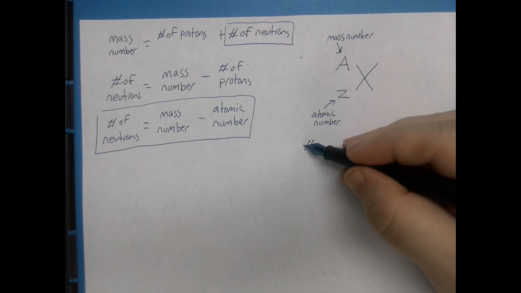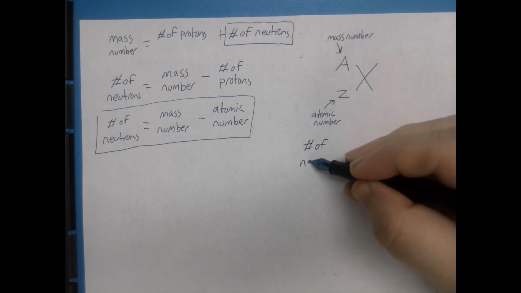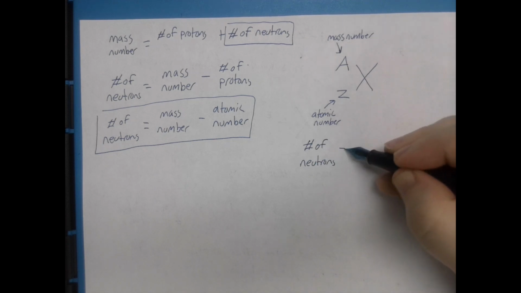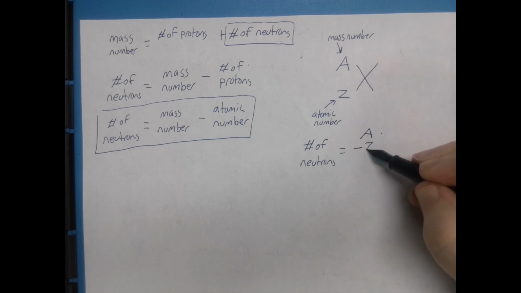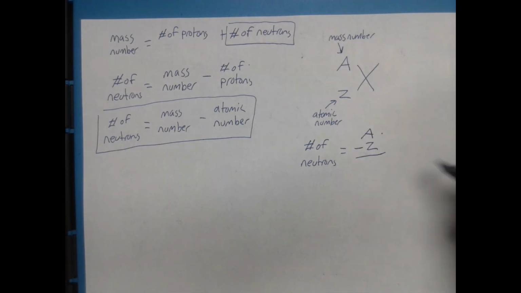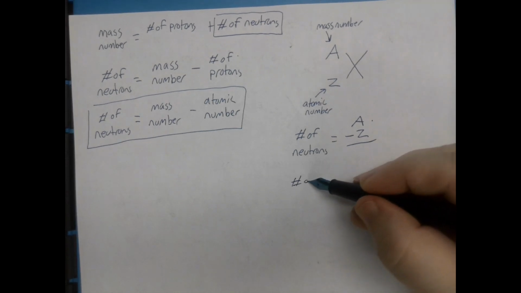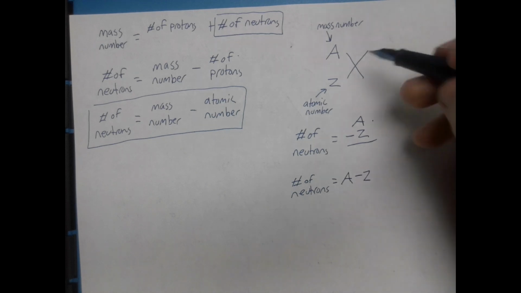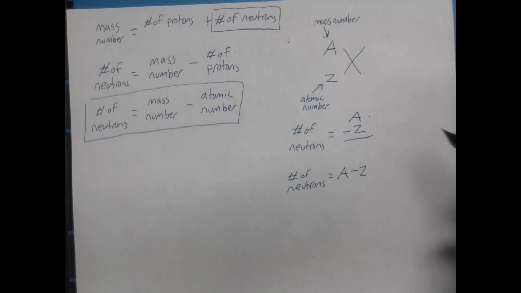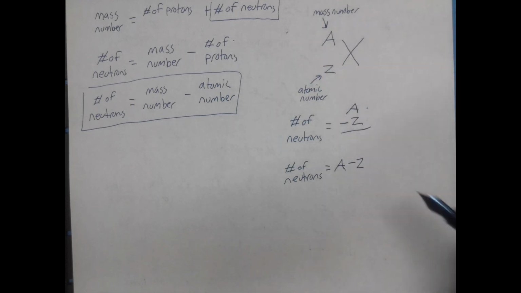Thus, the number of neutrons is just A minus Z. So you just subtract these.